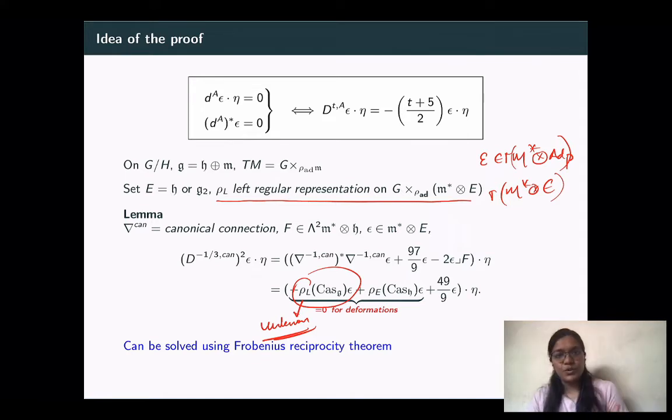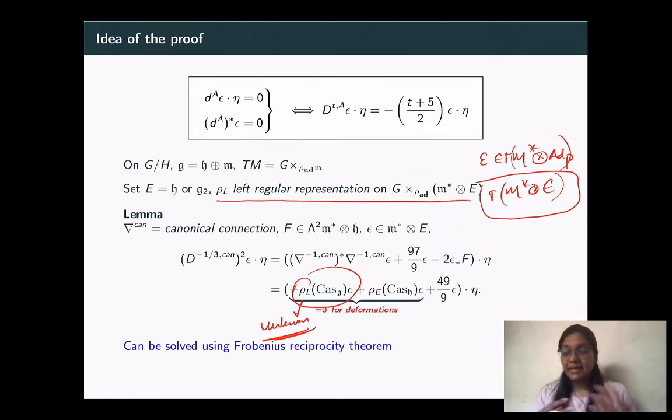That's just the induced representation, if that's the more familiar one. And now we just want to know what are the induced representations which will be a part of this space of sections that will satisfy this condition. So that's why the spaces that we get are representations of the Lie group G. So the actual calculations do not matter much. Rather, what matters is the philosophy behind the usage of the representation theoretic arguments.